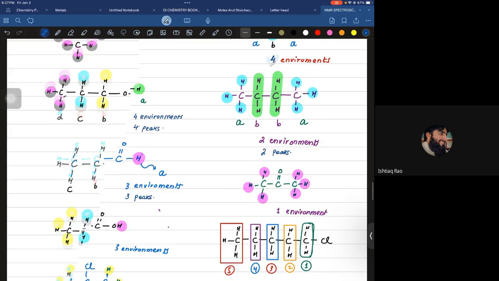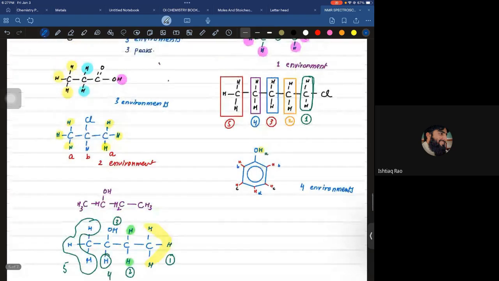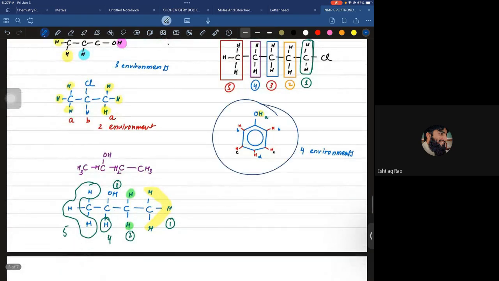Okay, got it? Then you can see it's phenol. OH is connected to the benzene ring. So it's the first hydrogen, so it's the first peak.